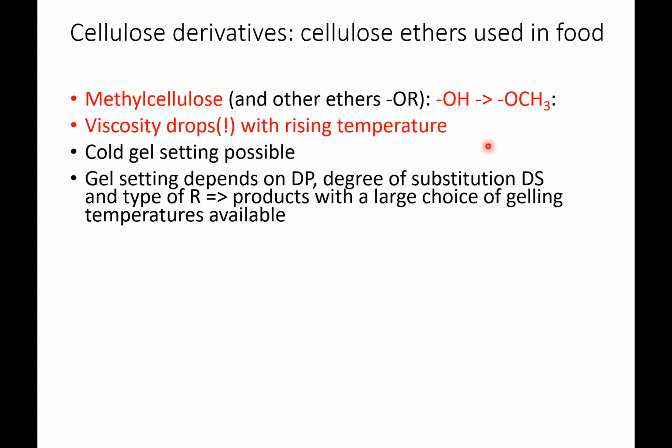You have basically 3 that you can use. So your DS is rarely 3. It will be somewhere between maybe 0.5 or 1 and 2. Because if you substitute too many, then the product gets more and more hydrophobic. You still want it to be water soluble and responding to water.